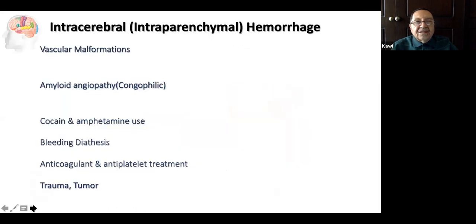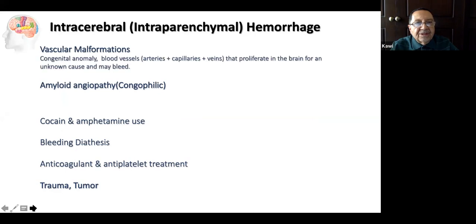So intracerebral hemorrhage may also be due to vascular malformation or other causes, such as amyloid angiopathy, which we'll discuss one by one. Vascular malformation is a congenital anomaly.